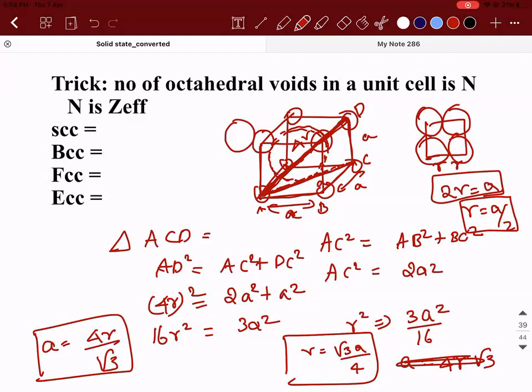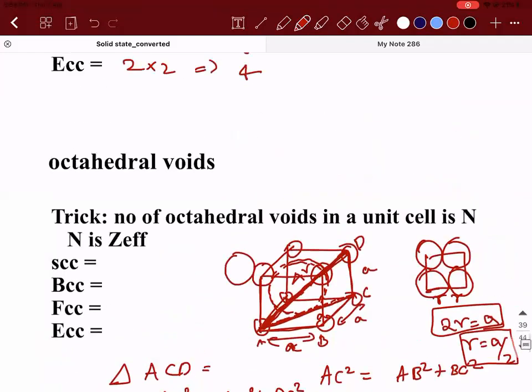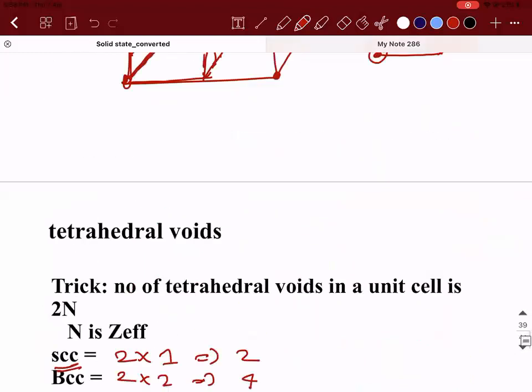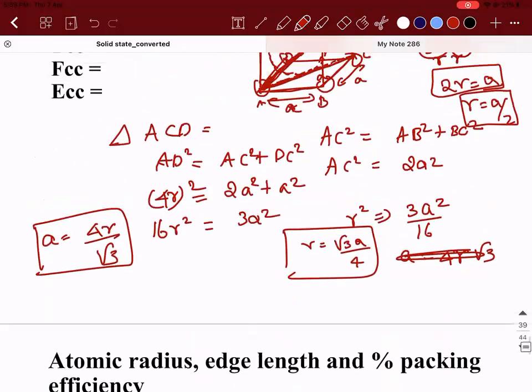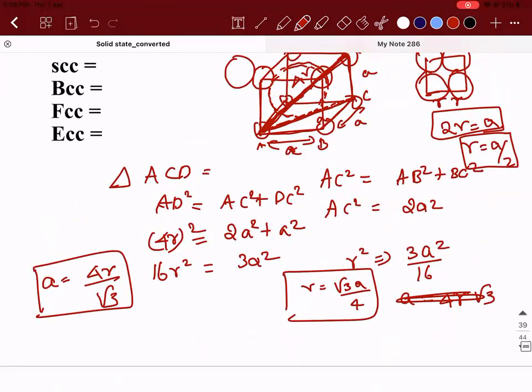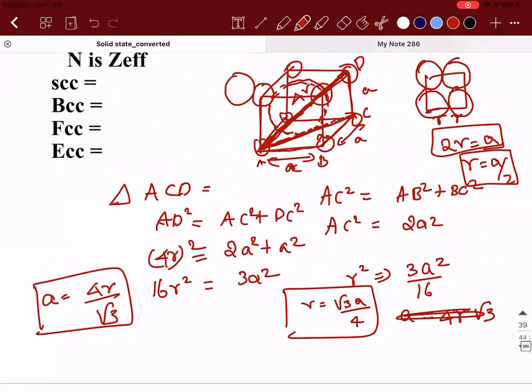Okay, shall we move to our next one? So now we have the R and A. For FCC, 4R by root 3.